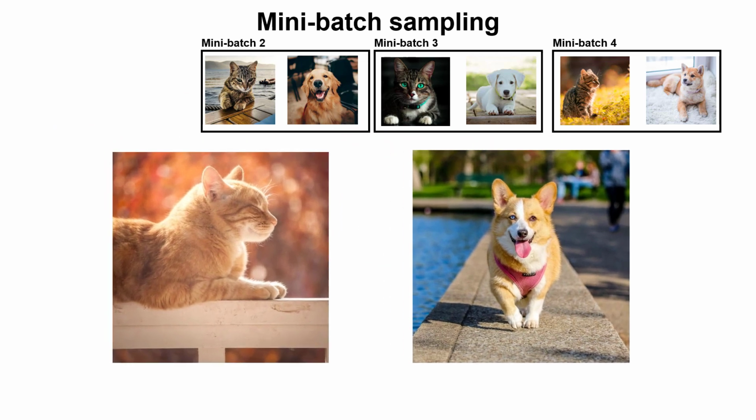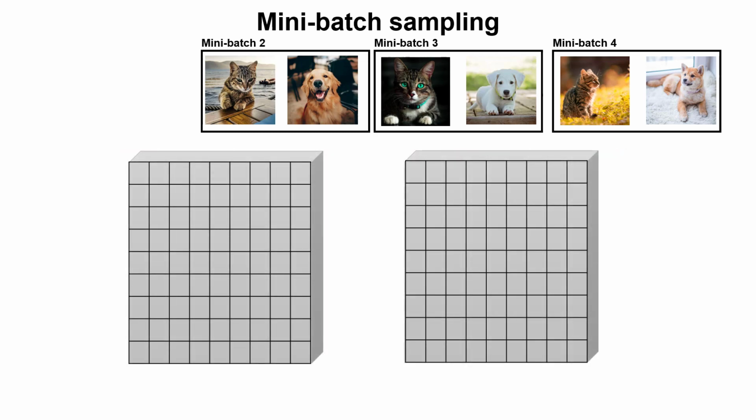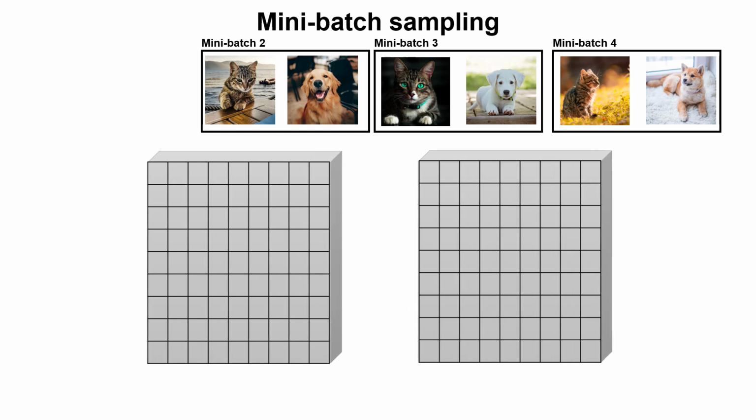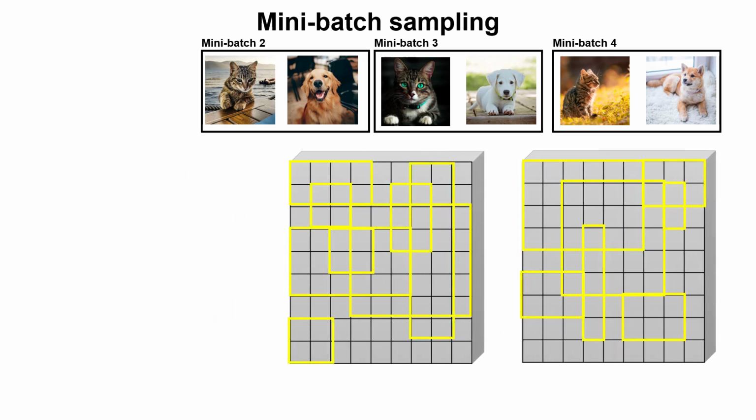Then we pass them through the backbone CNN and it gives us these image features. We run the selective search algorithm and it outputs these region proposals. Based on what is mentioned in the paper, it only selects 64 RoIs from each image. So yeah, selective search gives us like 2000 RoIs and we just sample 64 of them.